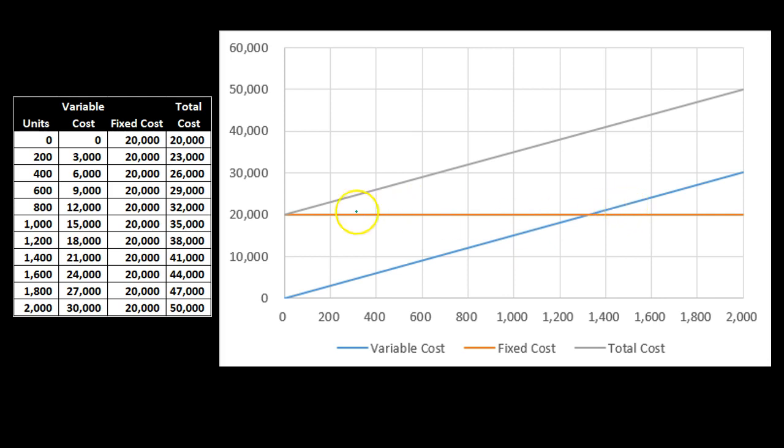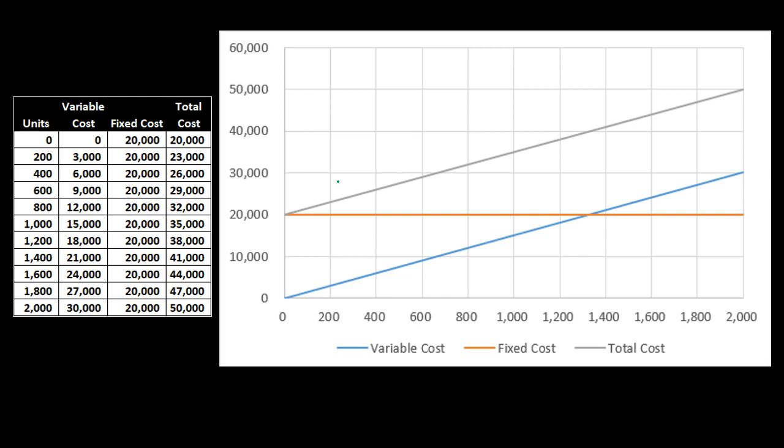Total costs then start at the fixed cost area because, of course, at 0 production level, we still have to pay the rent. And then they're going to increase at a standard level in relationship to the increase in the variable costs. So this is nice and neat. It's easy for us to see in this format.